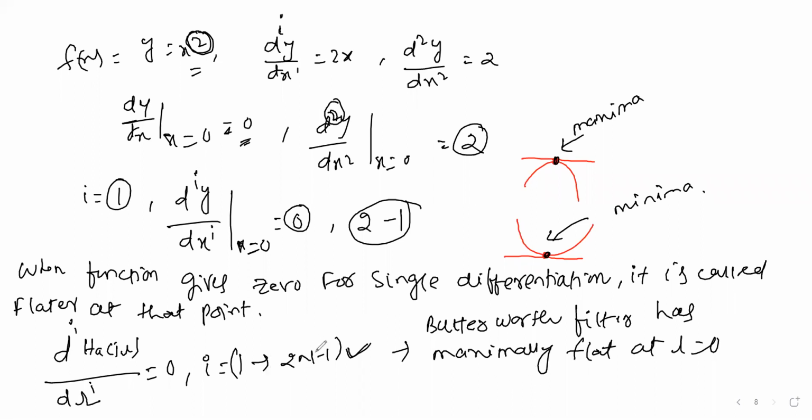Up to 2n minus 1 times the differentiation is giving 0 for omega equals 0. Hence, it is maximally flat at omega equals 0. Clear to all of you? Yes or not?